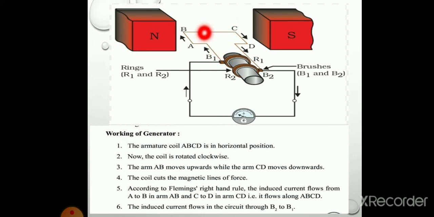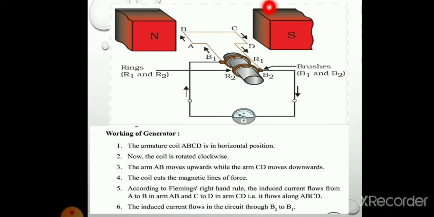So when we apply Fleming's right hand rule on the side CD, now the force is upwards and magnetic field is from left to right. So current flows into the paper, that means from D to C. So now DC is here, so current flows from D to C. And on the right side, AB comes down.